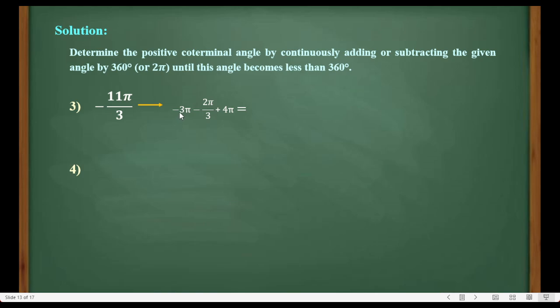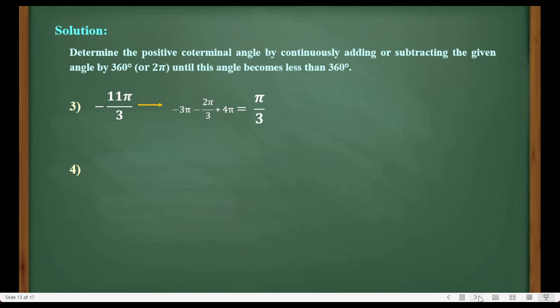Okay? Negative 3 pi minus 2 pi over 3. Wherein if you're going to simplify this, its equivalent is the given measure. So, again, to come up with an angular measure coterminal to this one, we simply add this angular measure by 2 pi twice. So that will give you 4 pi. And the result will become pi over 3.